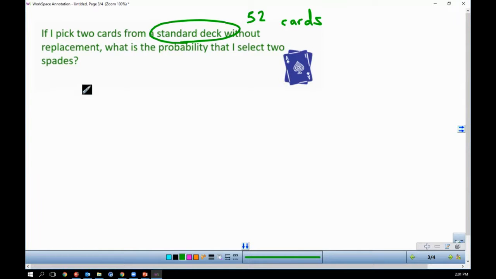How many spades are in a deck of cards? That's right, there are 4 suits, so 52 cards divided by 4 suits gets you how many cards per suit? 13 cards per suit.